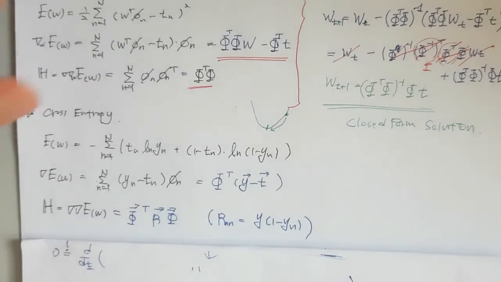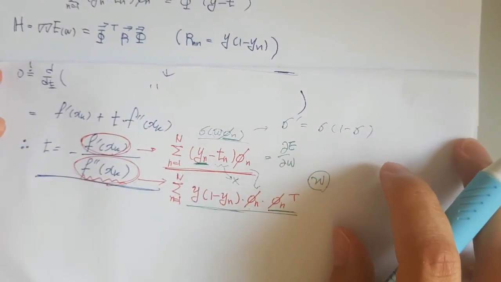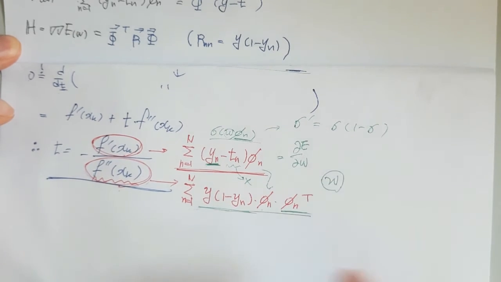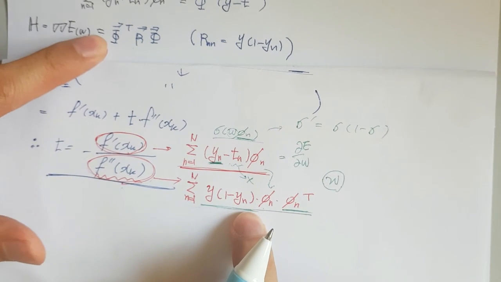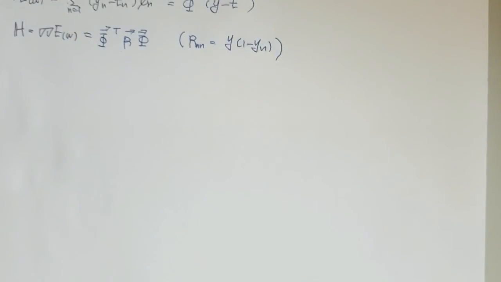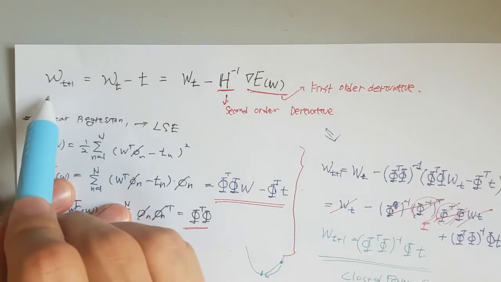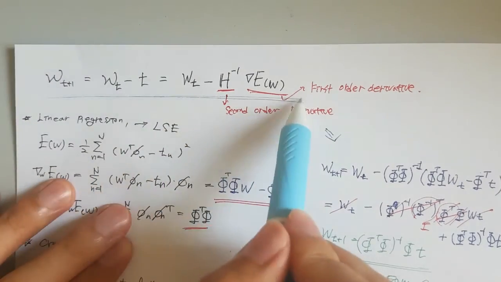I will show you once again to understand better. Oh, sorry, one second. We have this Hessian matrix and this equation. It changes to this shape, and my goal is to apply this second order Newton's method.